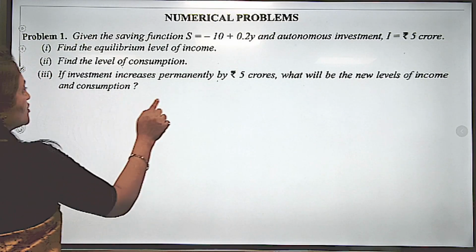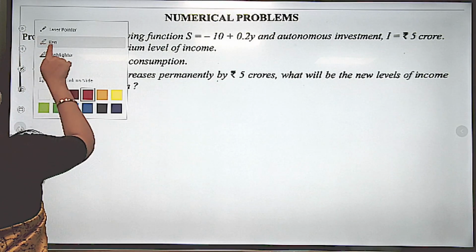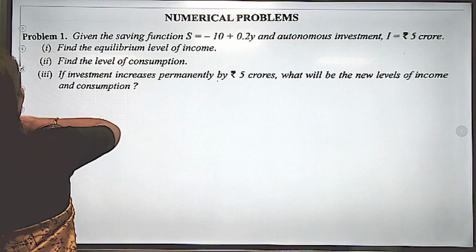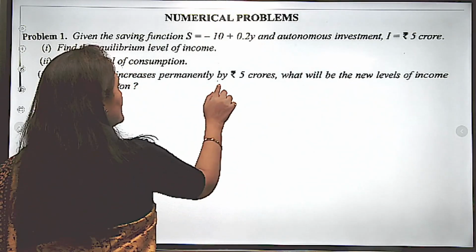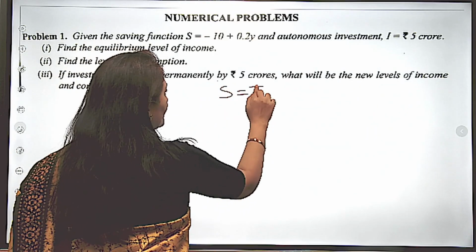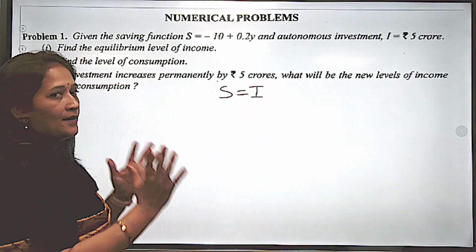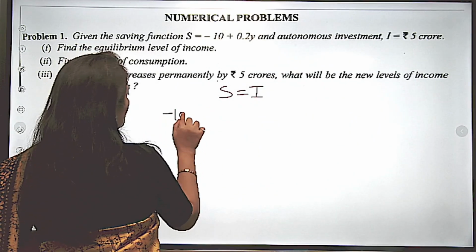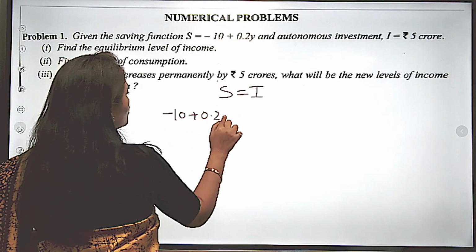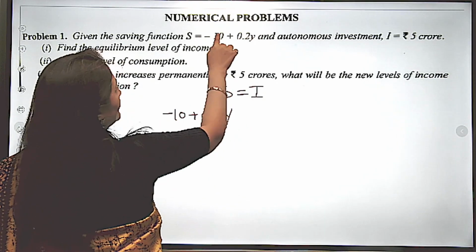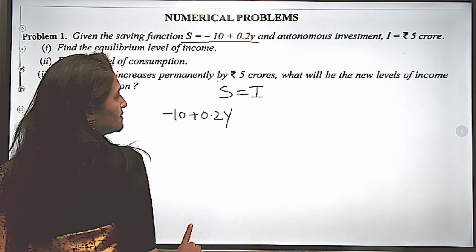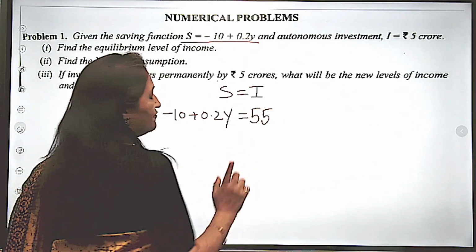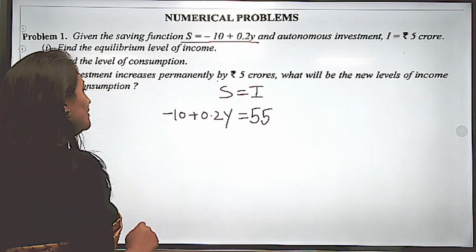Okay. So again, as you know, equilibrium level of income is when S is equal to I, right? So I am again going to use the same savings function and replacing the values over here: minus 10 plus 0.2 of Y, which is now equal to 55 crore of investment, not 50 crore as we had before.